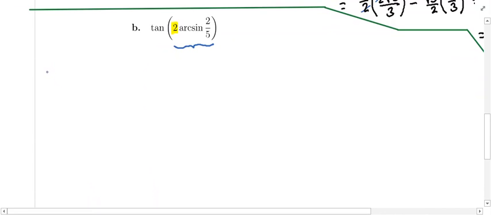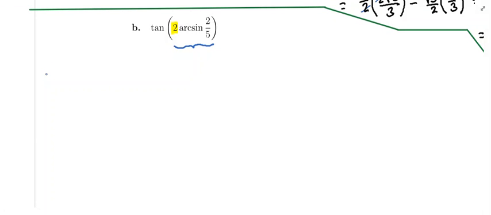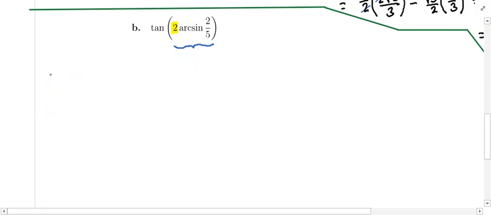So we know that arcsine, or any of these trig inverse functions, you plug in a number and you're going to get an angle as the output. So we're going to let theta be the arcsine of 2/5, because arcsine of 2/5 is just some angle, so we're going to call it theta.